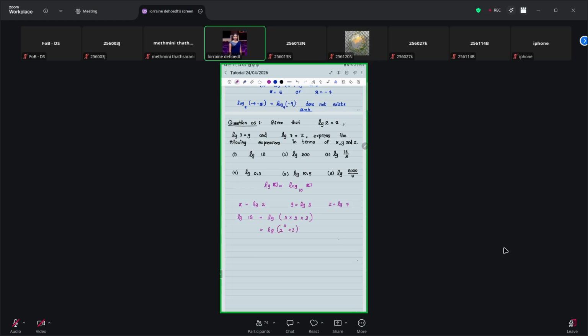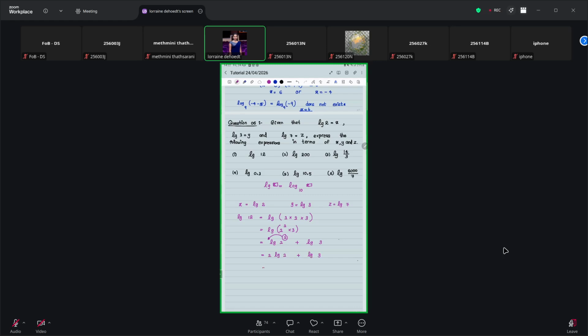Now you can use the second law of the logarithm. That means you can write this one as log 2 to the power 2 plus log 3. Now you can use the first law to bring this index to the front: two log 2 plus log 3.